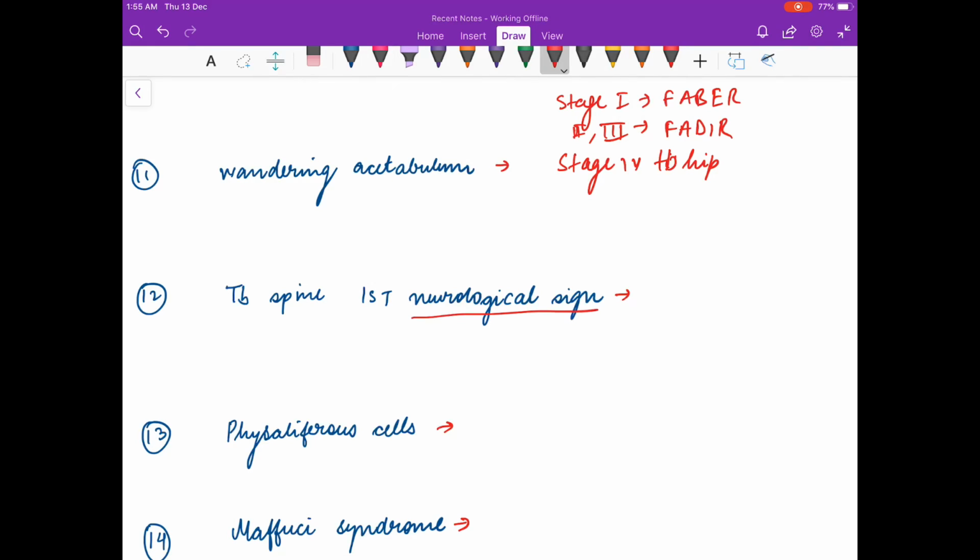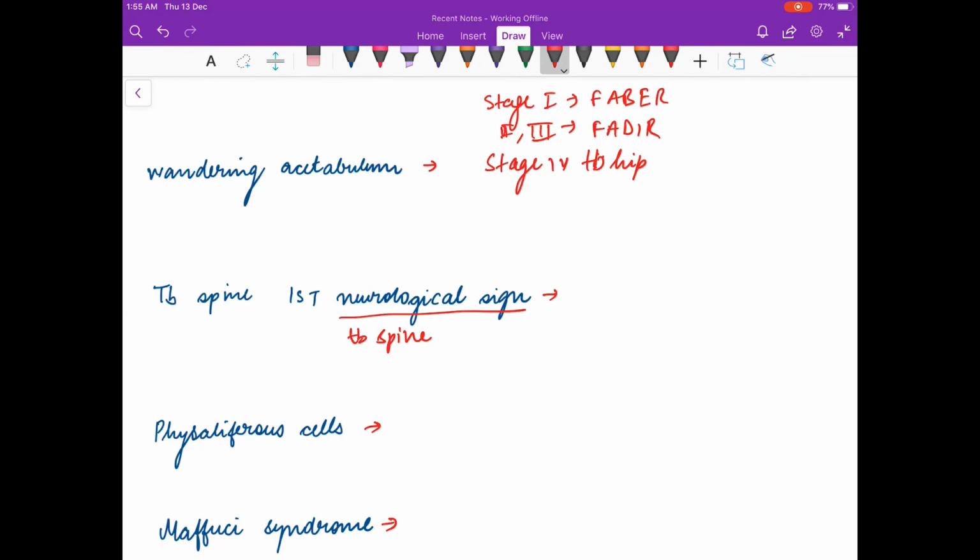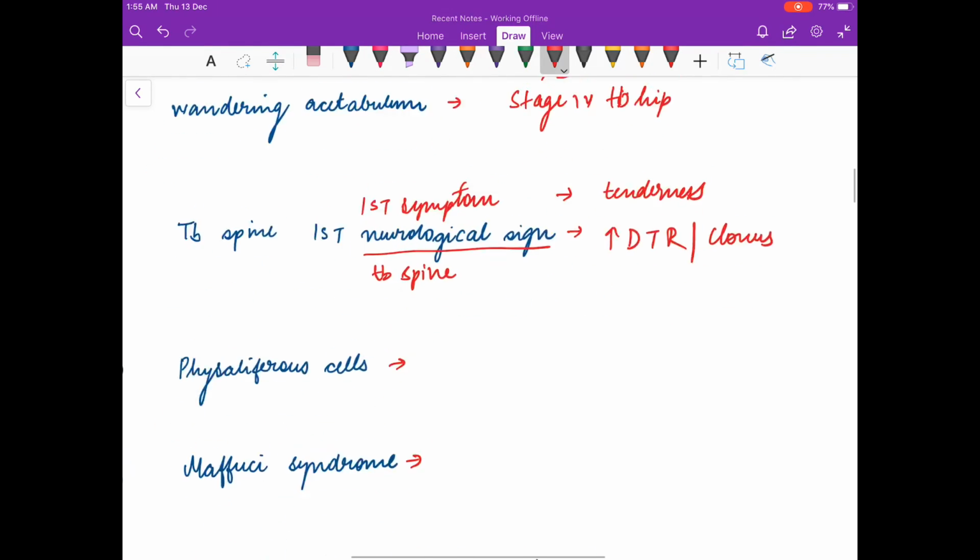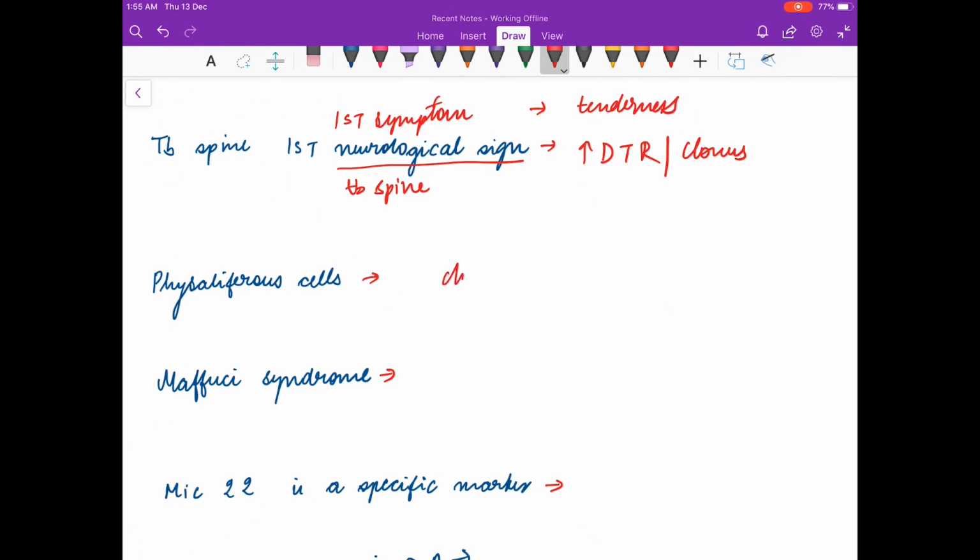First neurological sign in TB spine is increased deep tendon reflexes, and first symptom is tenderness. Physaliphorous cells are seen in chordoma.